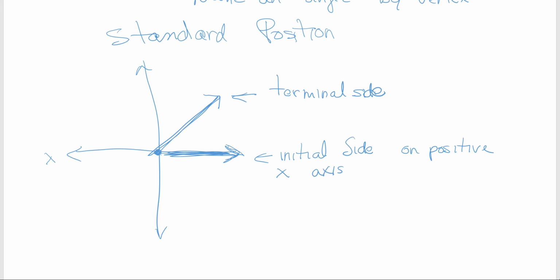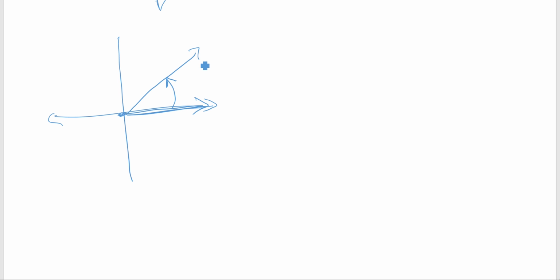Now, when I look at an angle that's in standard position, the way in which I get to the terminal side determines the sign of the angle. And so if I look at an angle in standard position, if I look at going up to open it, it's considered a positive angle.